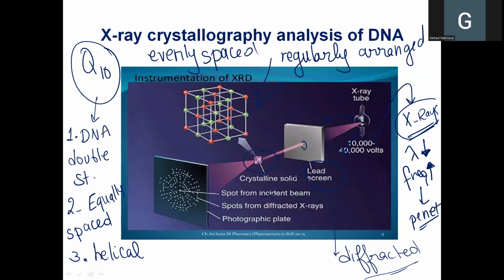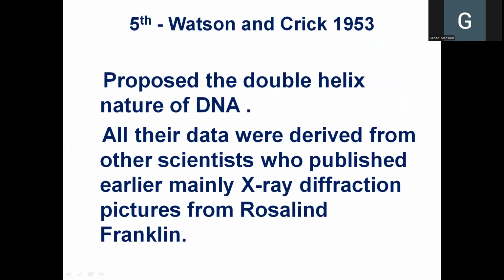So, of course, it was an amazing discovery, but unfortunately, she wasn't recognized for this. Neither of the two scientists, Watson and Crick, nor the third one who was with them, who is less famous, mentioned her. They took her work and built on it. Watson and Crick proposed the double helix nature of DNA, and they published it.